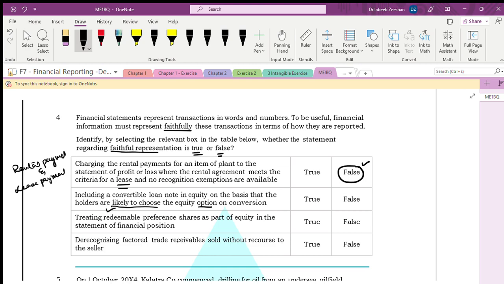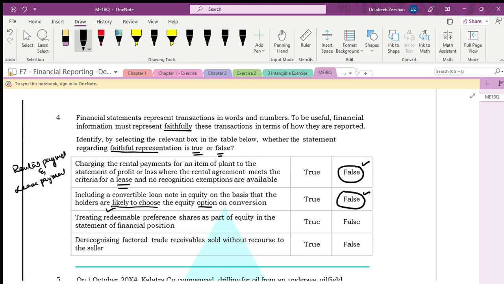We cannot decide now; only when it matures and the option becomes exercisable can we make a decision. But right now we cannot make a decision.